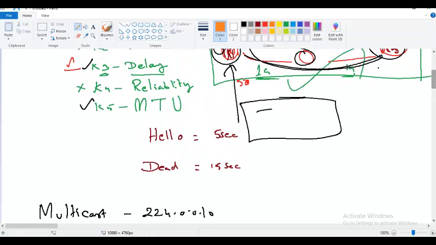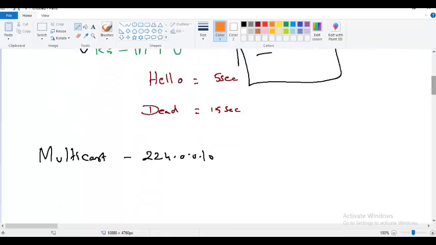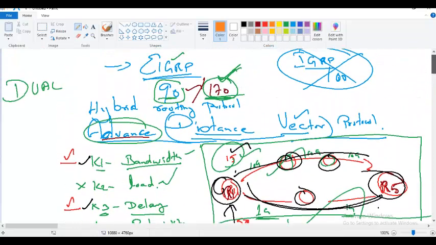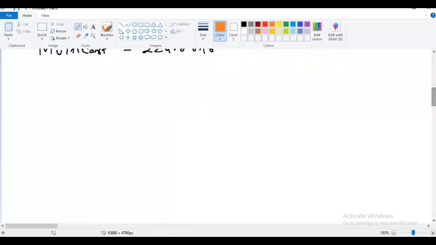Now, unequal cost load balancing or unequal cost multipathing means what? For RIP, this is not possible. RIP will only use this path. It will never consider this path which has 1, 2, 3 hops, or 1, 2, 3, 4 hops.